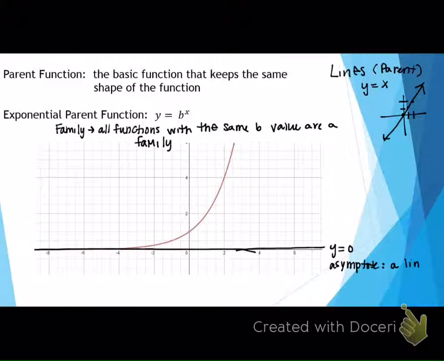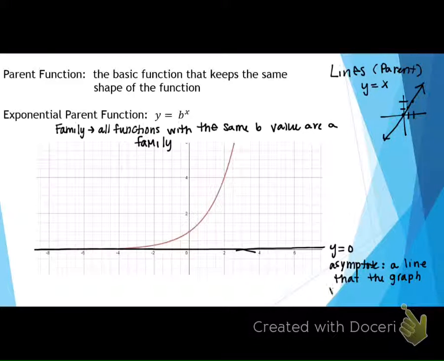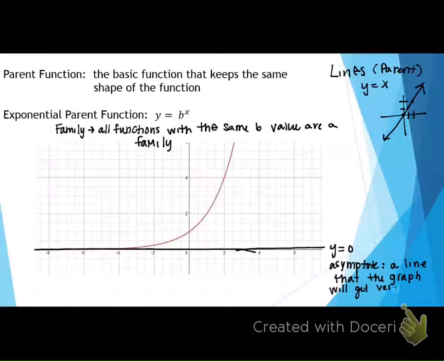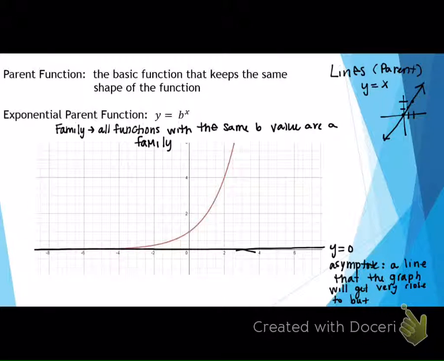It's a line that the graph will get very close to, but never touch. And we'll talk about when we get into examples why this is the case.